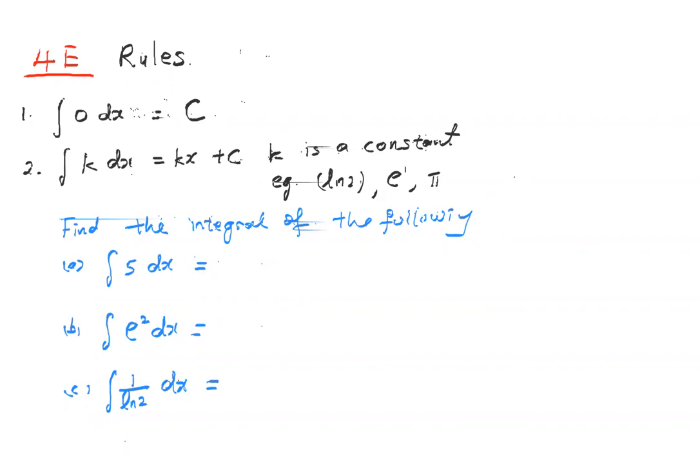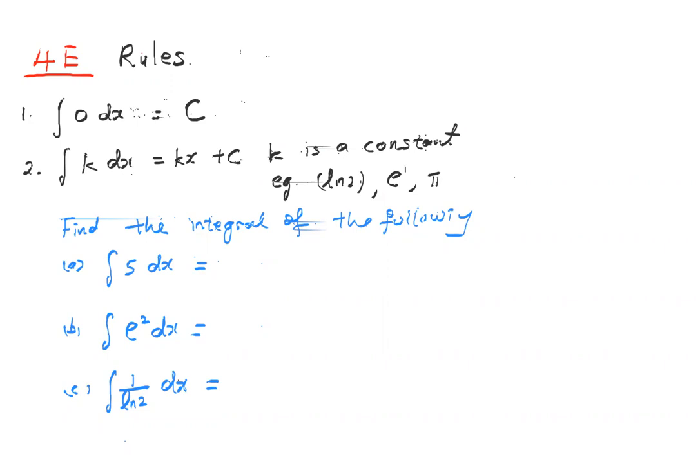So don't just take a constant as a single number. No, it can be expressed in a different way, as long as the term doesn't involve x, or doesn't involve any variable that you are talking about in that situation.